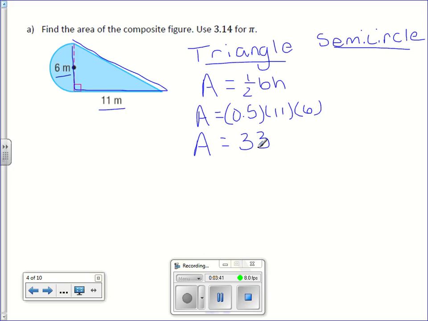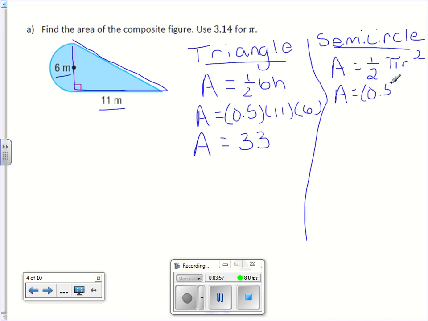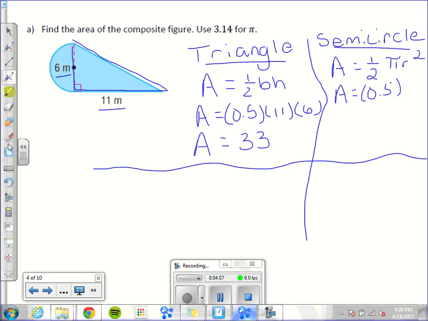When we use the area formula for the semicircle, area equals 1/2 pi r squared. Let me draw a line here. I'm going to do this down here so I have a little bit more space.